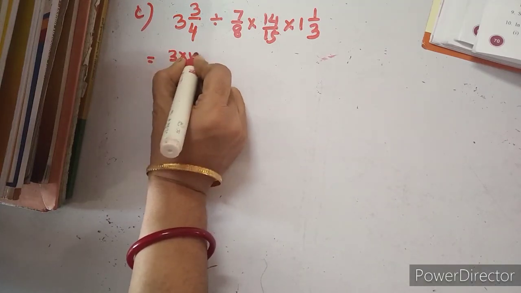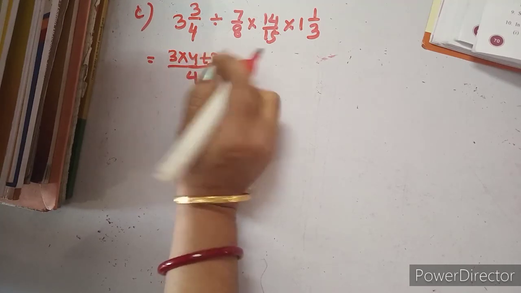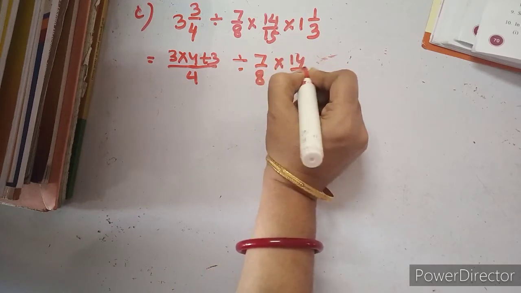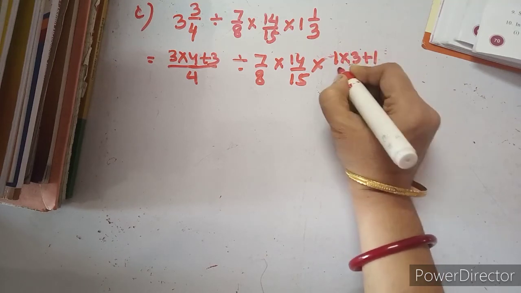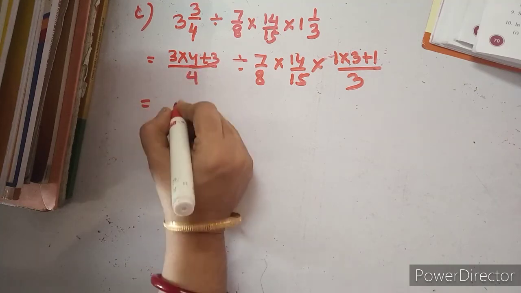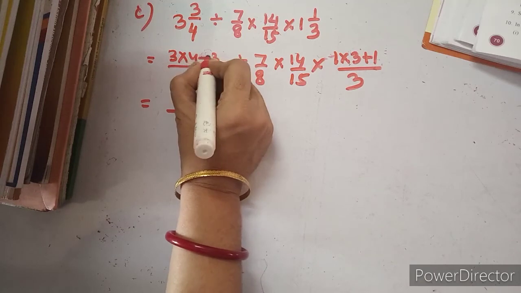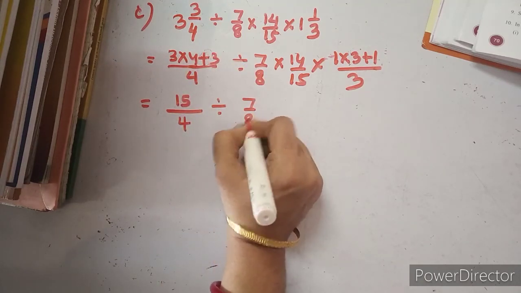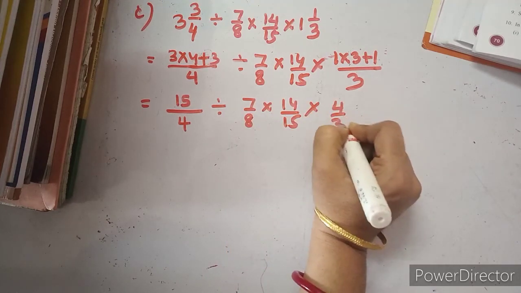So here you are getting like this, then divided by 7 upon 8 into 14 upon 15, and again this becomes like this. Then 12 plus 3 is 15 upon 4. 15 upon 4 divided by 7 upon 8 into 14 upon 15 into 4 upon 3.